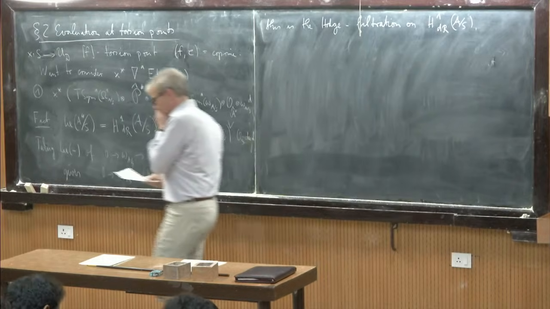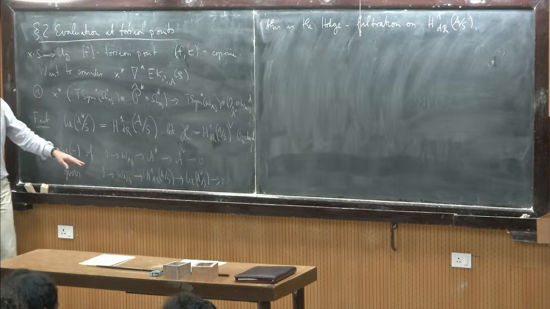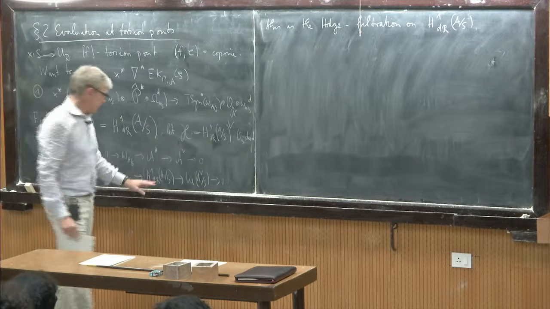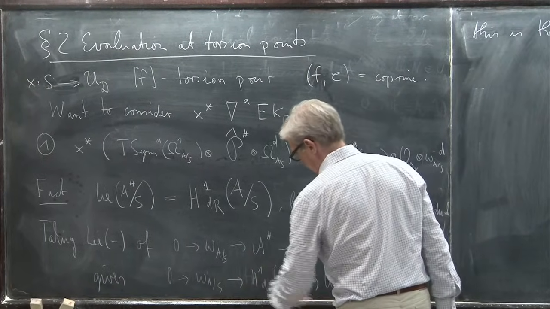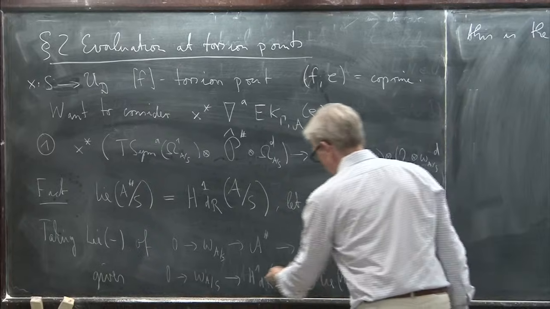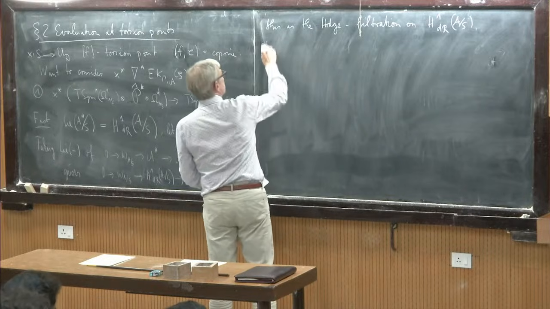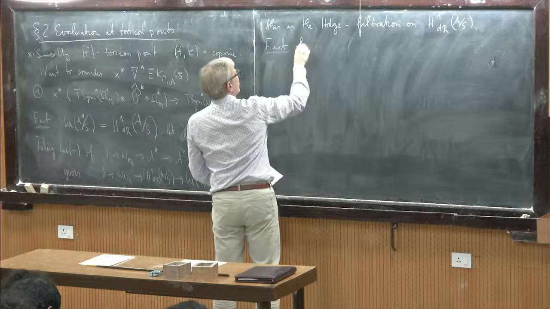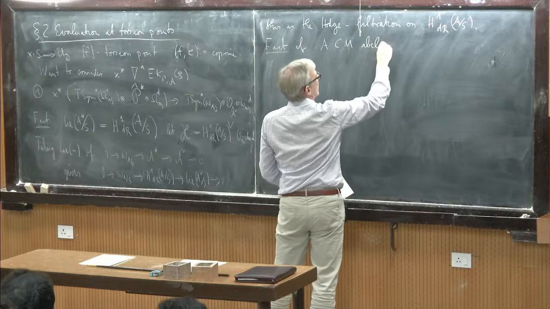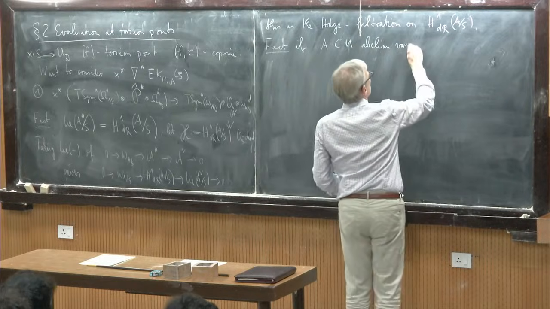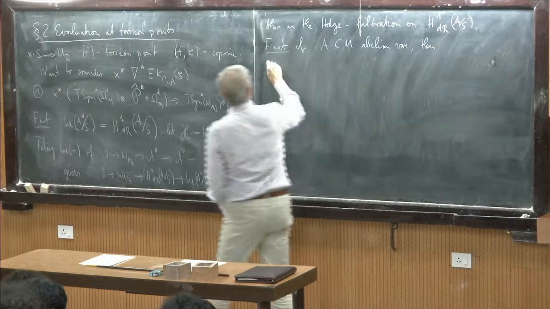And now the point, and that's really important for the algebraicity, is that in general this Hodge filtration is not split. For an arbitrary abelian variety, you cannot naturally split it. But for CM abelian varieties, this is possible. So, fact: if A is a CM abelian variety, then we have the following decomposition.